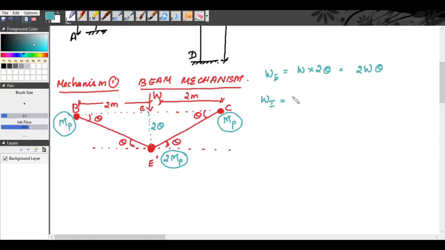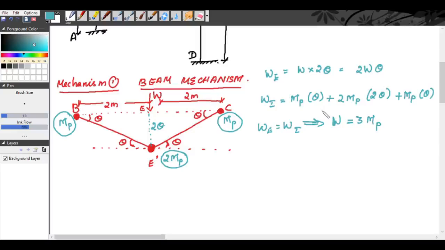At B, the plastic moment is MP into rotation theta, plus at E, the plastic moment is 2 MP into rotation 2 theta, plus at C, the plastic moment is MP and the rotation is theta. Now equate external work done to internal work done. We get the collapse load W equal to 3 times MP. So this is your collapse load as per your first mechanism.